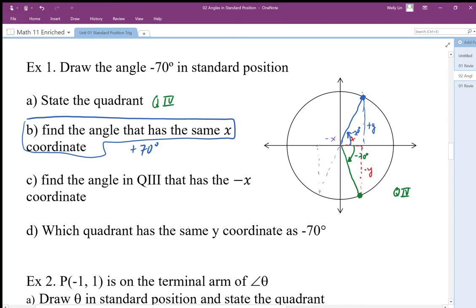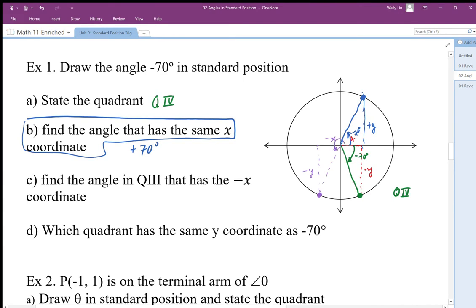Now, because it shares the same x coordinate in the symmetry of this circle, we know that it's got to go down, and we're looking at this point here. So it's just symmetrically across that y-axis, and this symmetry and this reflection allows us to get this reference triangle shape. And we can find this angle by using some of this symmetry.